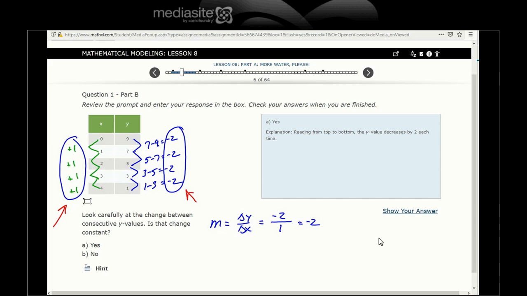If, and I'm making some numbers up here, instead of a plus 1, plus 1, plus 1, it was a plus 1, plus 2, plus 3, and plus 1, because these were not the same, even though these were the same, we could not say it was a constant change.